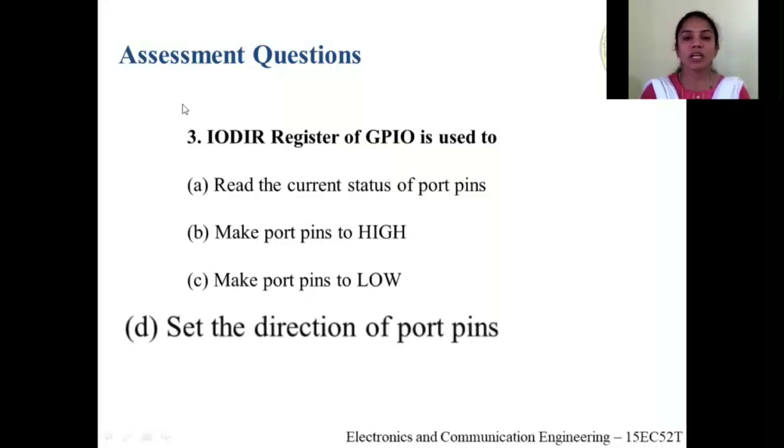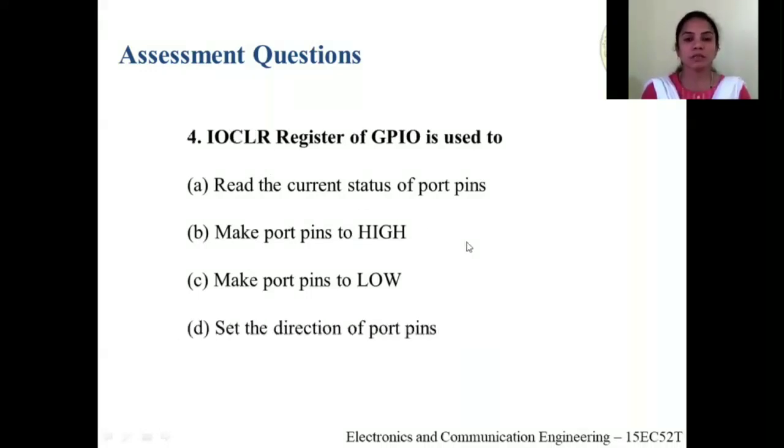By using IO DIR, we can set the port pins as output pins as well as input pins. If we configure value 1 on port pins by using IO DIR, those pins act as output pins. If we configure value 0 on port pins by using IO DIR, that makes those pins input pins.